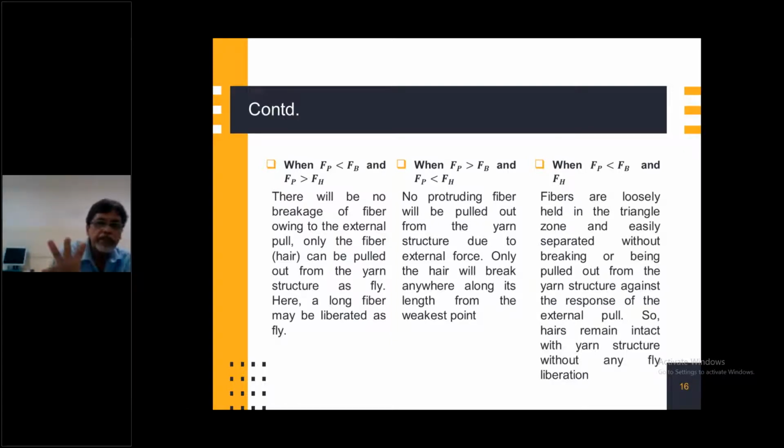So one possibility is that you have to redesign your machines. Although the machine has some facilities for collection of fly, they may not be good enough to collect the total generated fly.